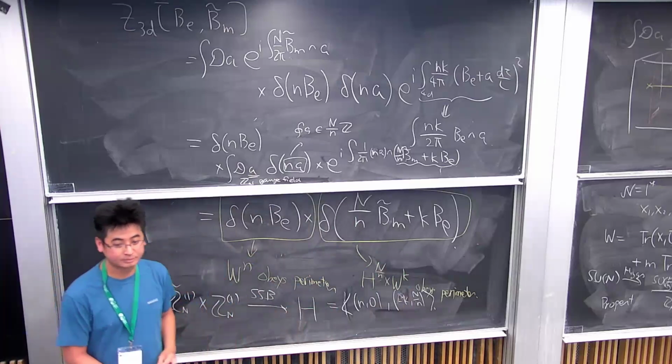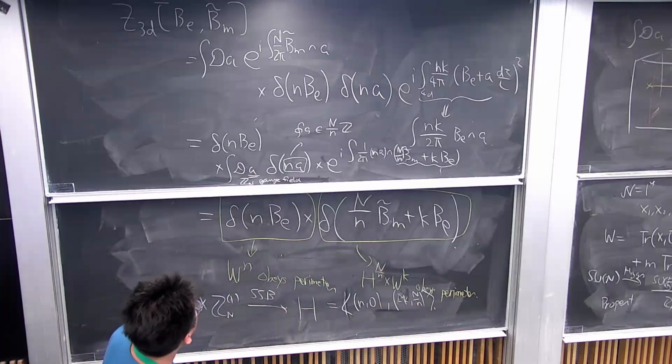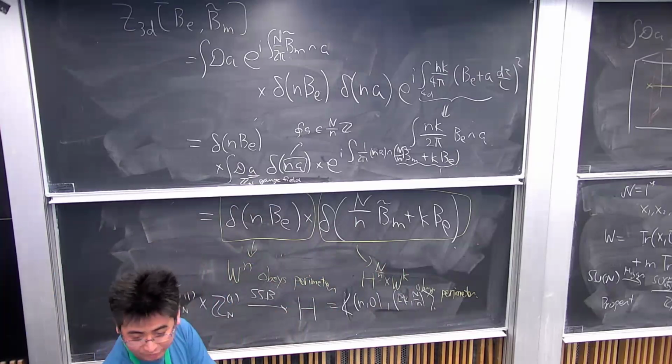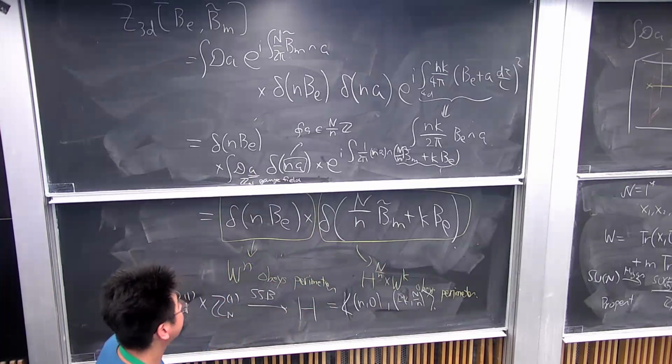On the compactification, what is the boundary condition that you take for the fermions? For fermions here, we didn't specify, but the natural one would be, let's see, anti-periodic, I guess. So it's a thermal circle. Let's see.